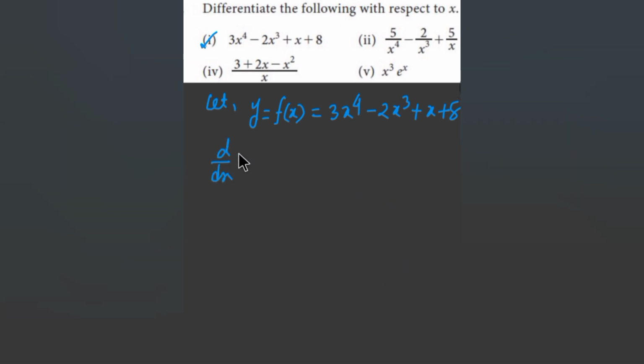dy/dx equal d/dx of the y function, so we will write 3x to the power 4 minus 2x cube plus x plus 8.